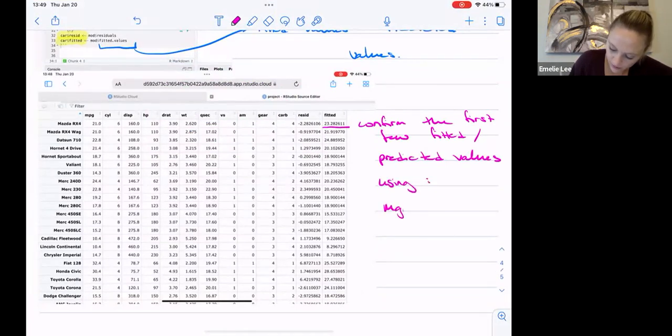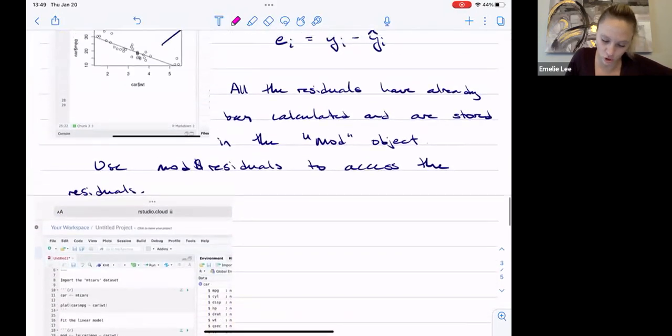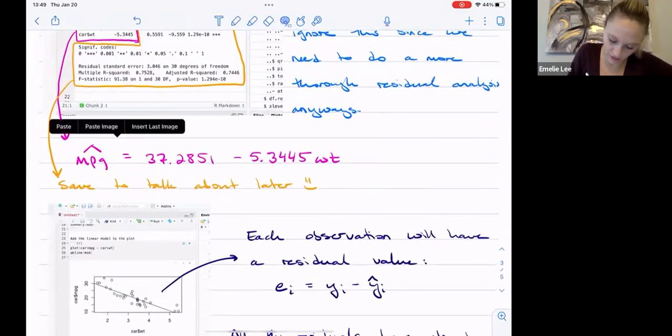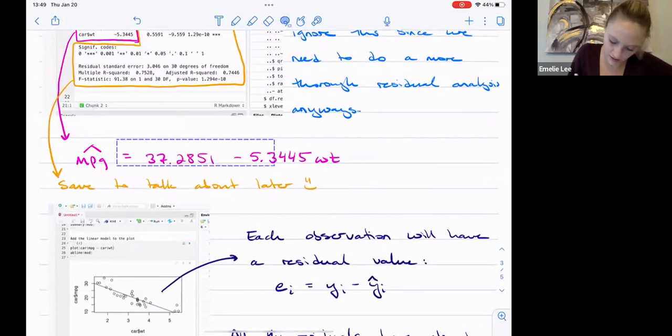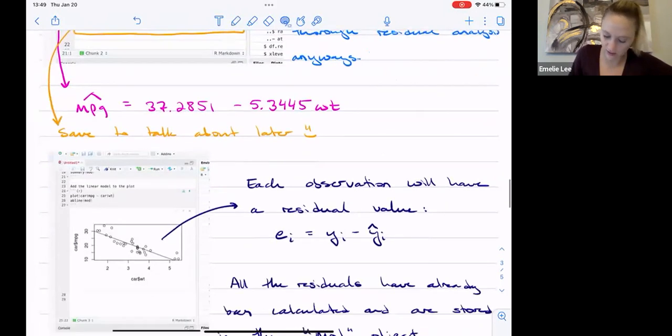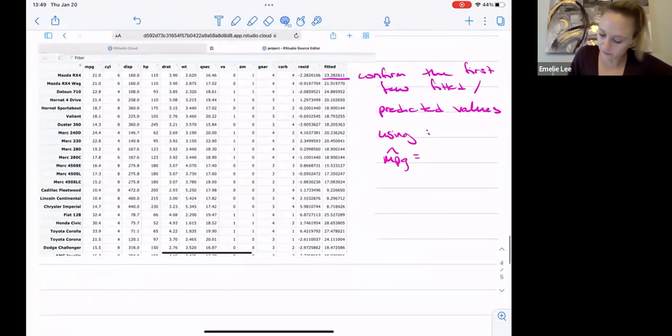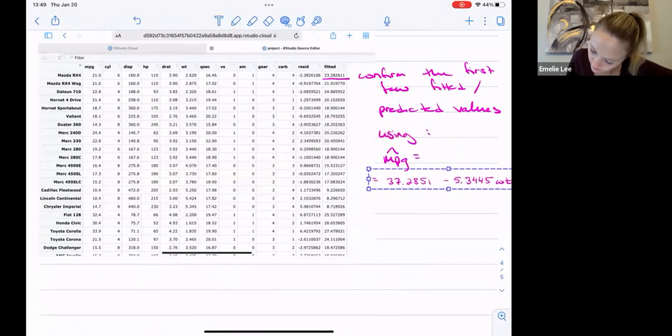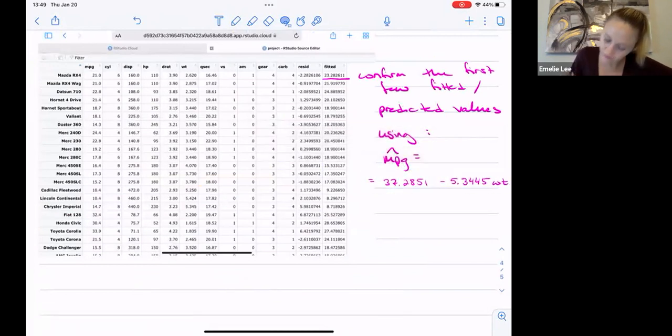Using the miles per gallon, I keep writing MGG, but it's MPG hat is 37. Yeah, I'm just going to copy it.